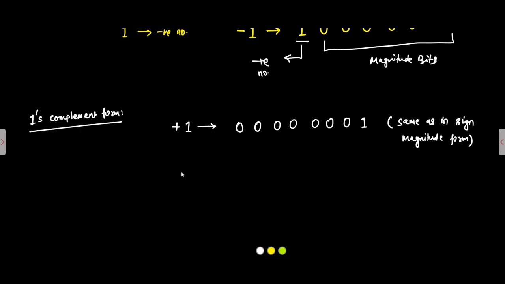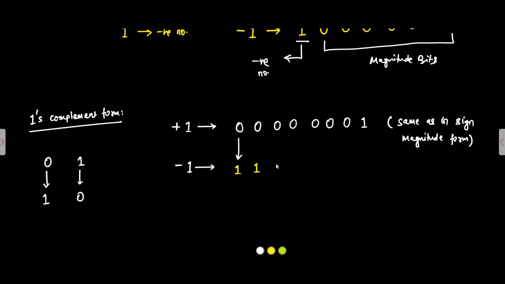Now -1 is simply the 1s complement of this binary representation. 1s complement means if there is a 0, change it to 1. If there is a 1, change it to 0. Just this much. So here the zeros will be changed to ones.